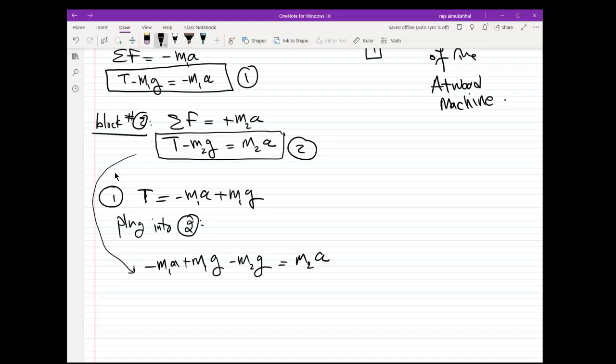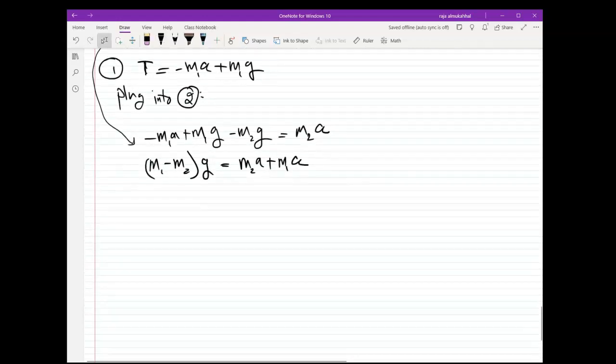Again, I'm solving for what? For a. So I'm going to take this one right here and move it to the other side, okay? So I'm going to have here (m1 minus m2) times g equals m2a plus m1a. Take a as a common factor.